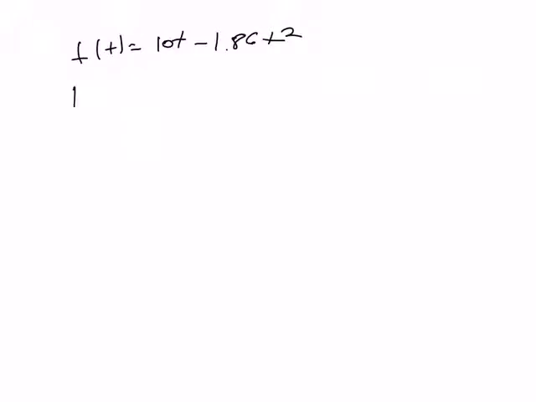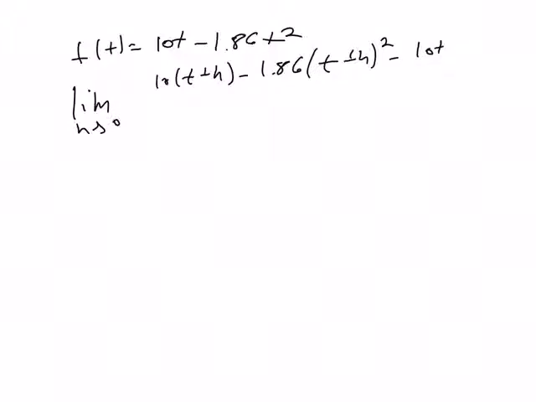And so now we're taking the limit as h goes to 0 of 10 times t plus h minus 1.86 times t plus h squared, minus 10t minus 1.86 t squared, all over h.